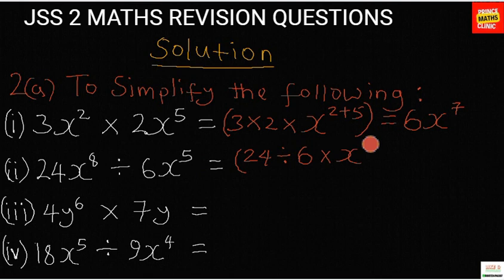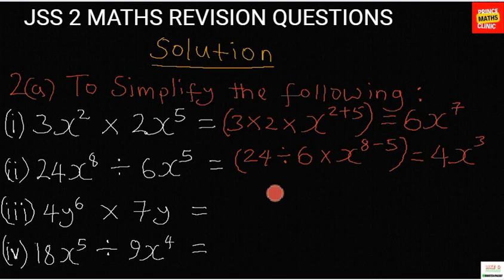So here it's going to look like 8 minus 5. So let's look at what it will give us. 24 divided by 6 is actually 4. Then you write out your x. Then when you say 8 minus 5, you obtain 3. That is the result to that particular one.